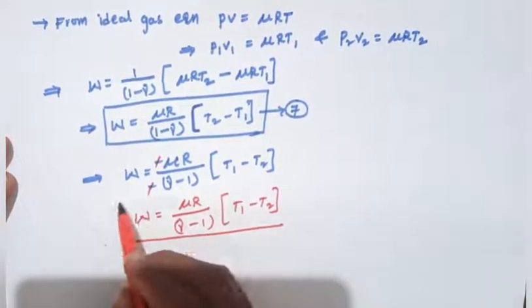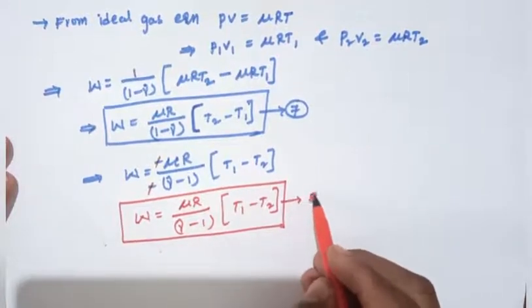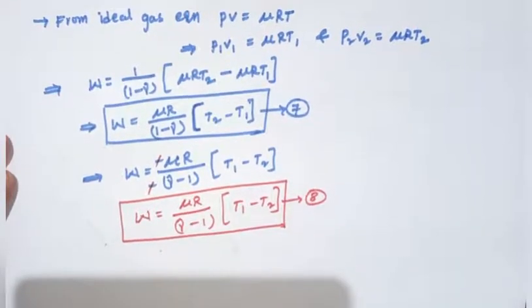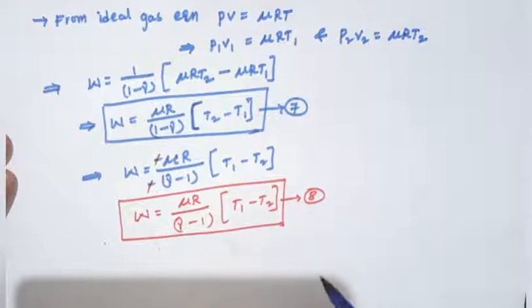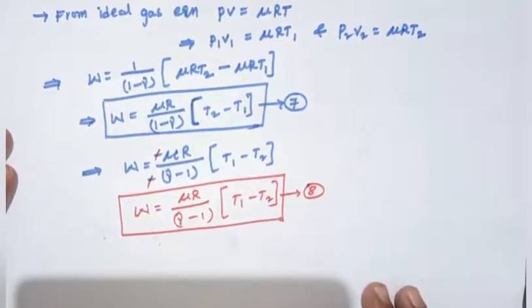This is equation number 8, the expression for the work done of the adiabatic process.